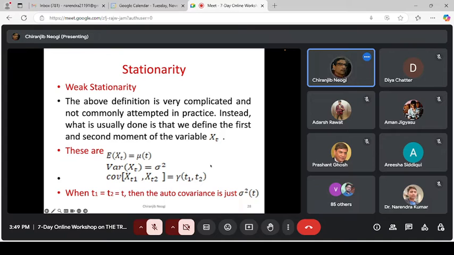Now, we find that the strict stationarity conditions are very complicated, and for that purpose we generally use the weak stationarity concept, the weak stationarity conditions, or what is called the autocovariance conditions.